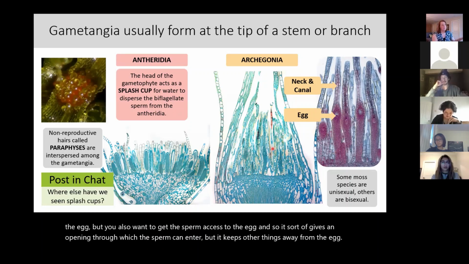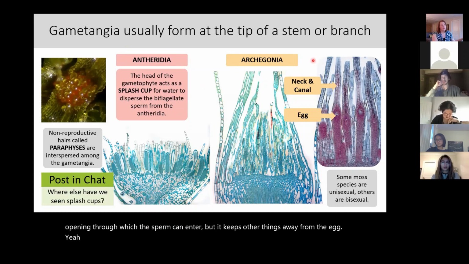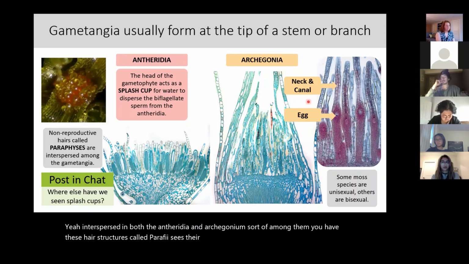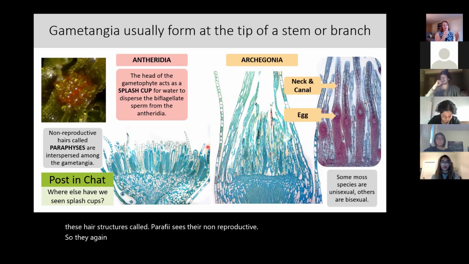Interspersed in both the antheridia and the archegonia, sort of among them, you have these hair structures called paraphyses. They're non-reproductive. So they, again, are more protective, to prevent anything from damaging the antheridia or archegonia.